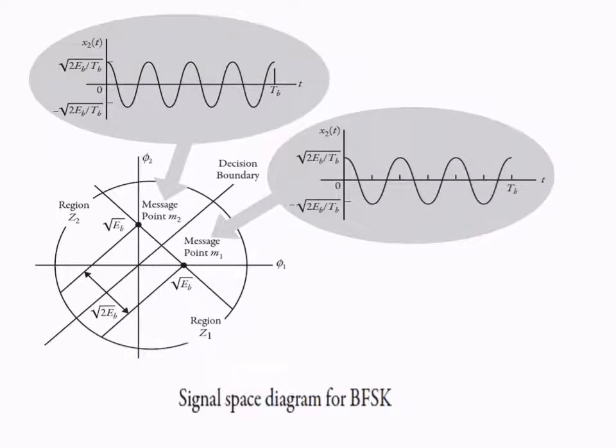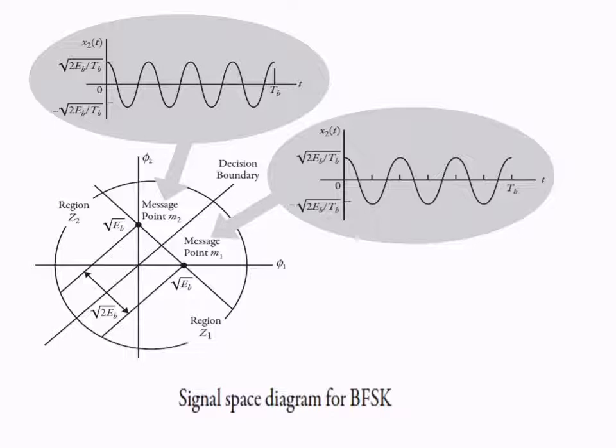So this is your signal space diagram for BFSK. First of all, we need to draw the axes. As we know, we have only two orthonormal basis functions, so we have only two axes, phi1(t) and phi2(t). Now we are going to point out the components S11, S12, S21 and S22 on these axes.